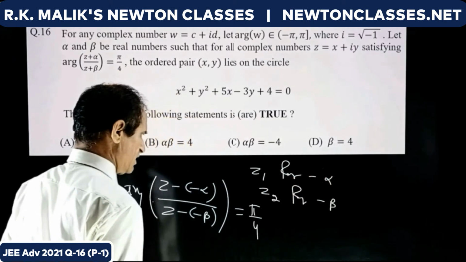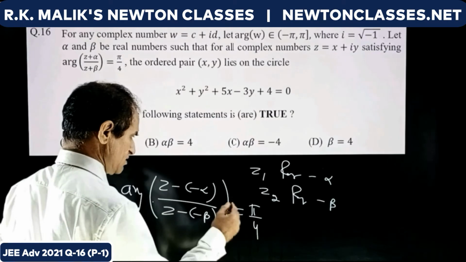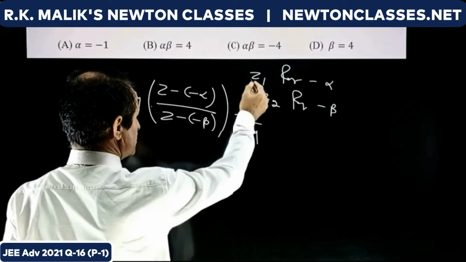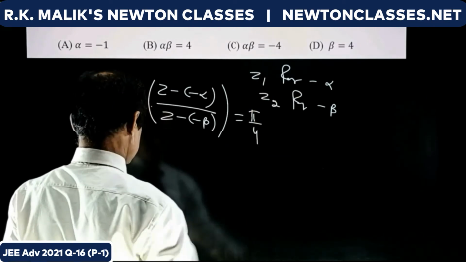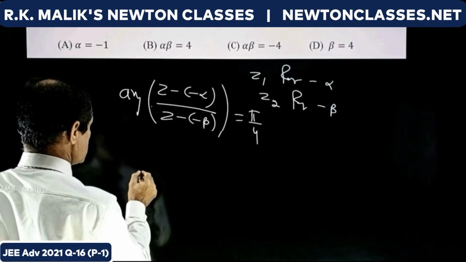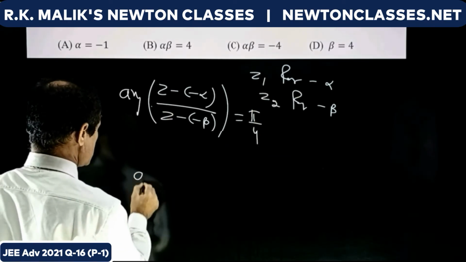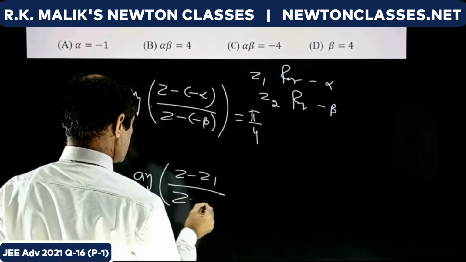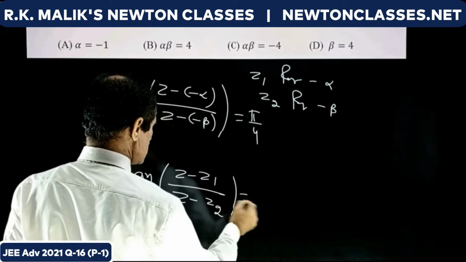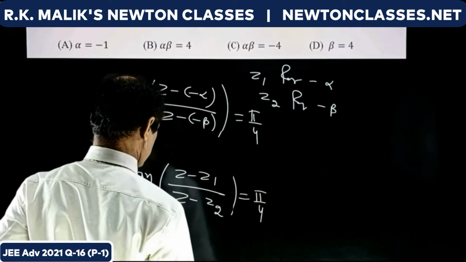Hence I am naming them z1 and z2. Once z1 and z2 are known, alpha and beta will be just the negatives of these two. Now the given equation becomes argument of (z minus z1) upon (z minus z2) is equal to pi by 4.